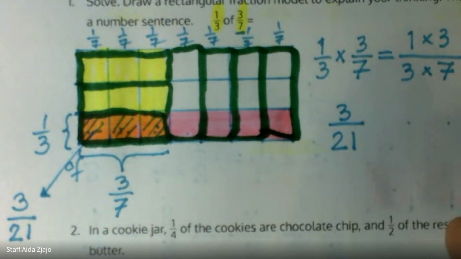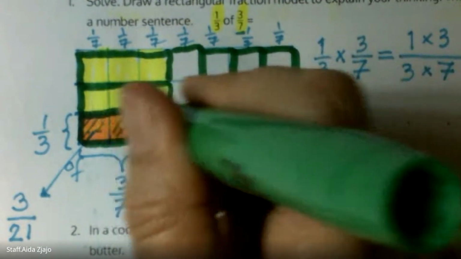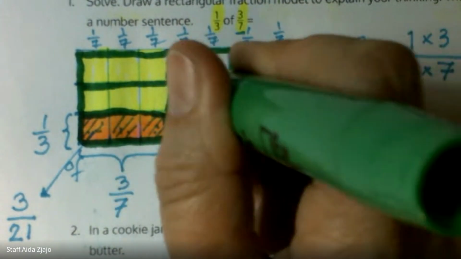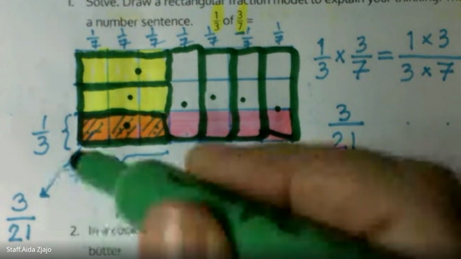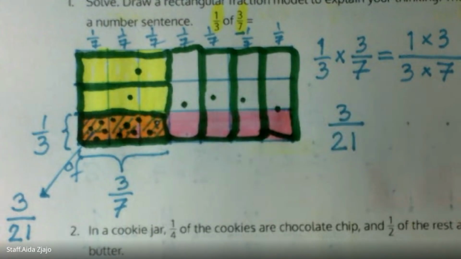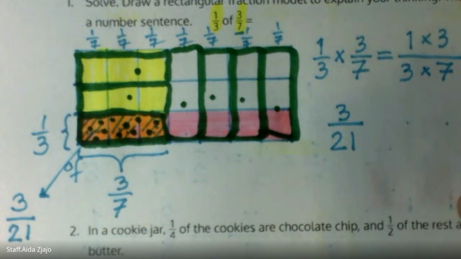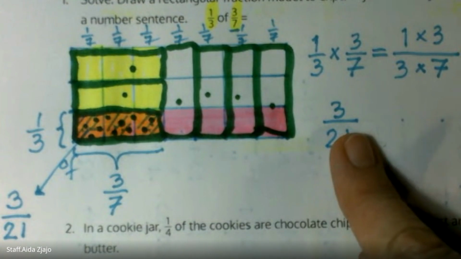I will create bigger pieces, and it will be 1, 2, 3, 4, 5, 6, 7 pieces. But how many is the answer? It is just 1 out of 7 pieces. So when you see that, how are we going to do it mathematically?